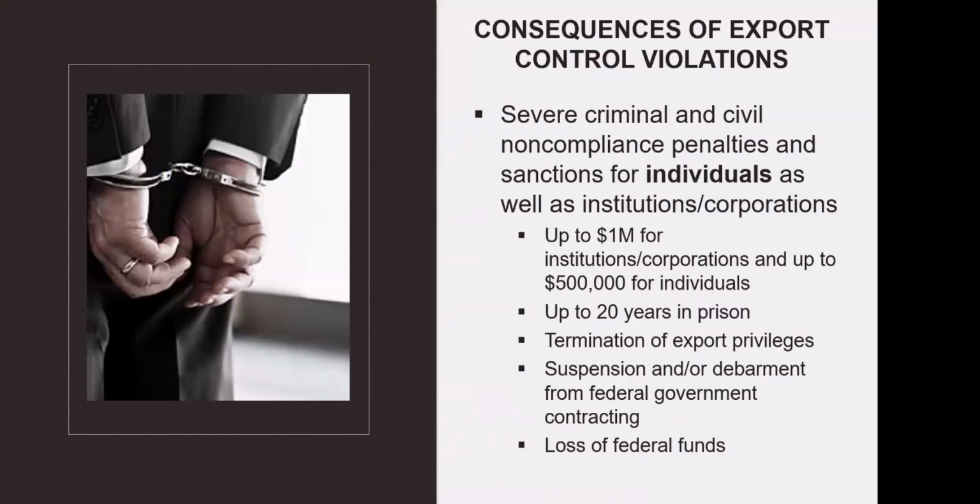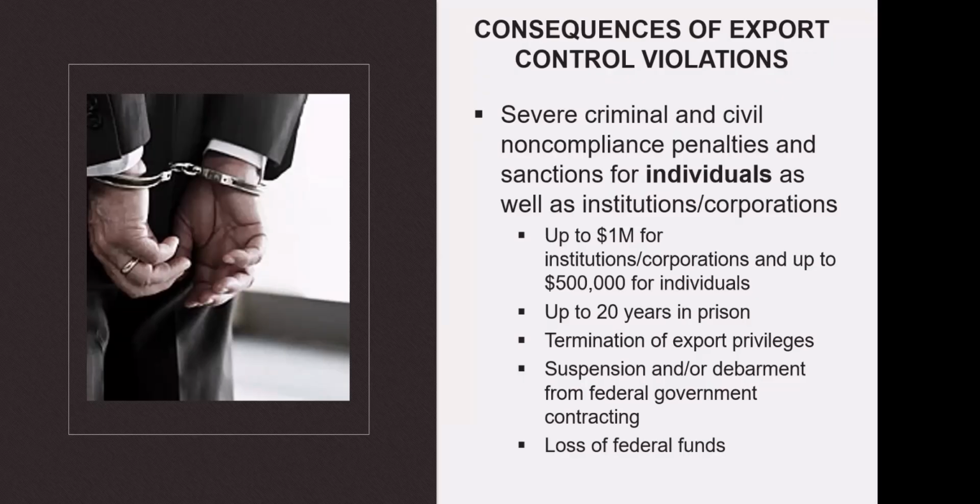All right, so there are consequences of export control violations. And I don't include this slide because I think that you would necessarily get a question about what those consequences would be. But I include this slide as a kind of notice or a reminder that there are consequences of export control violations and that they extend to not only the university or the corporation, but also to the individuals, and that they can be pretty hefty.